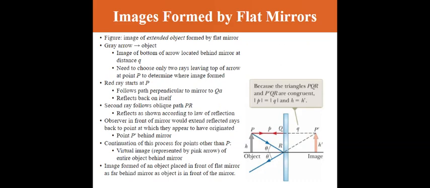Now, this slide here takes notes directly from the textbook, and what it's talking about is some more geometry where you draw rays of light coming from an object placed in front of a flat mirror, and with some geometry arguments and the law of reflection, you can determine that for a flat mirror, the magnitude of the object distance is equal to that of the image distance.